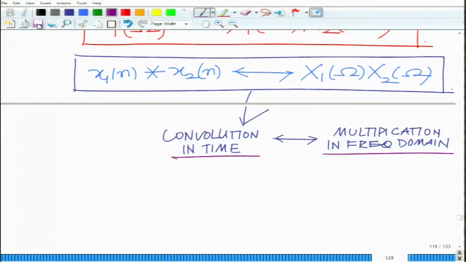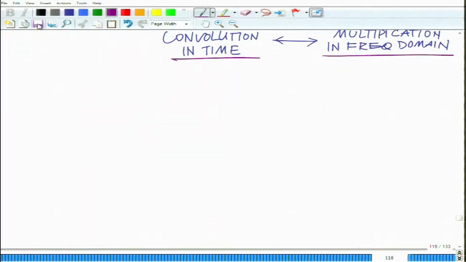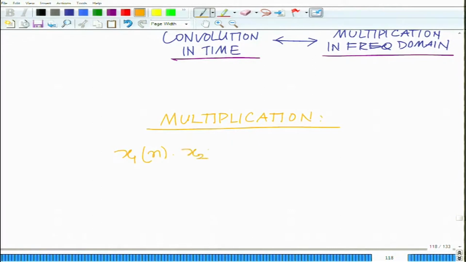All right, let us look at similarly multiplication in time. Again, the dual of that is convolution in the frequency domain. Let us consider multiplication in time, that is, two signals x1[n] into x2[n].